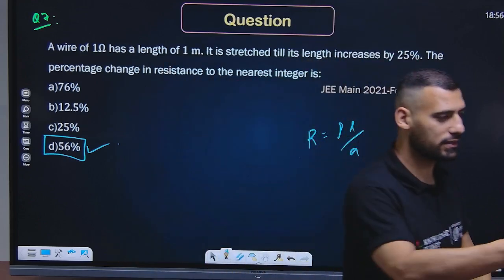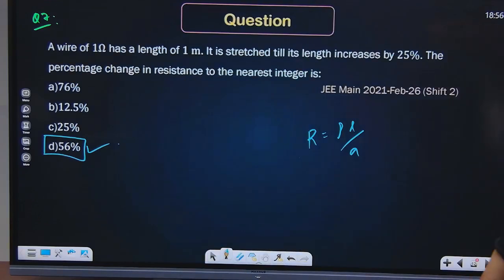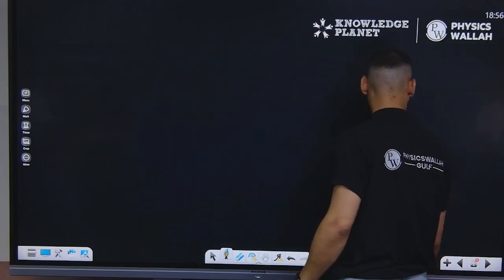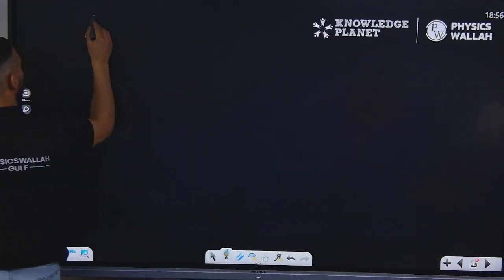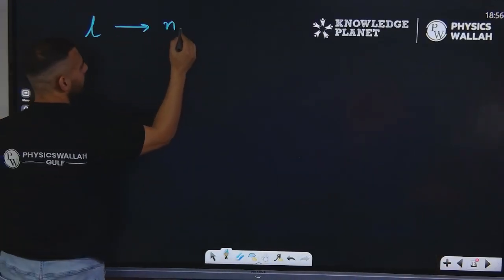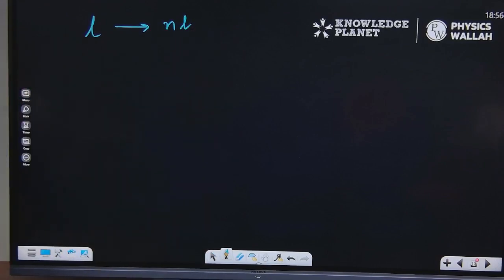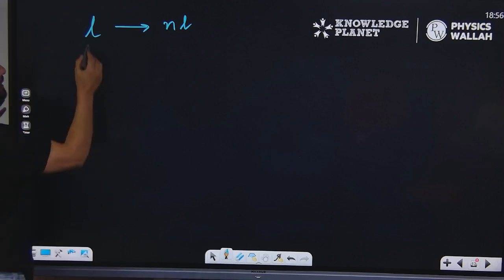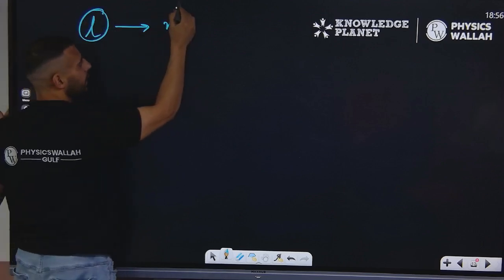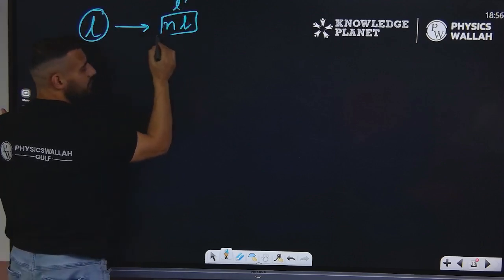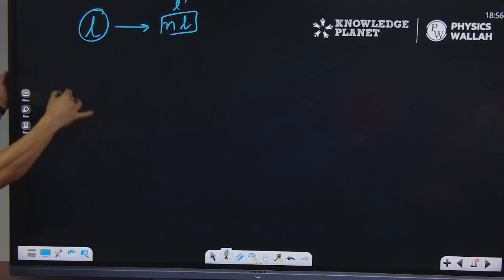So what is happening? See, in such questions, very important, if the length has been changed to n times the original length, if the original length was L, the new length L dash is n times L. 3 times, 4 times, whatever times.